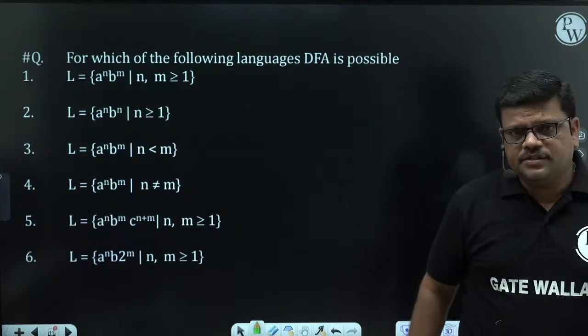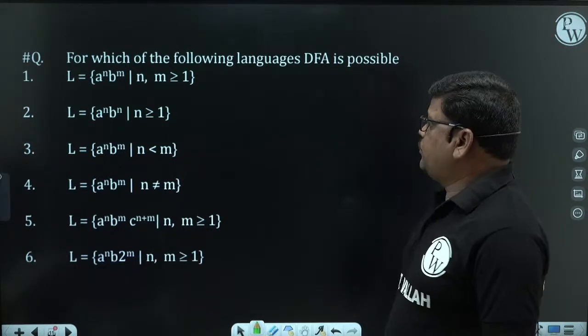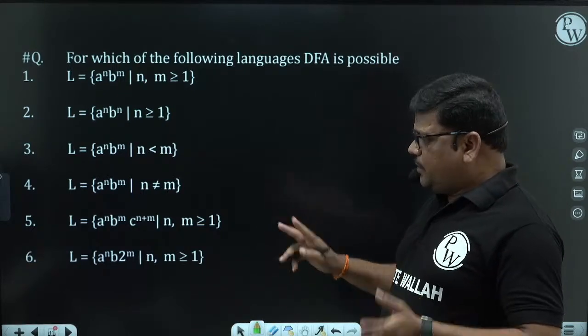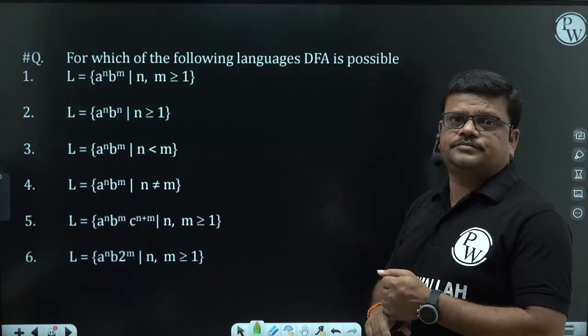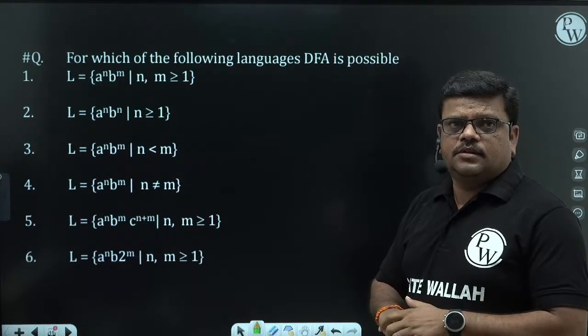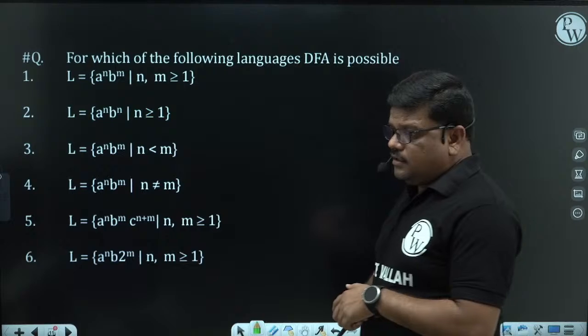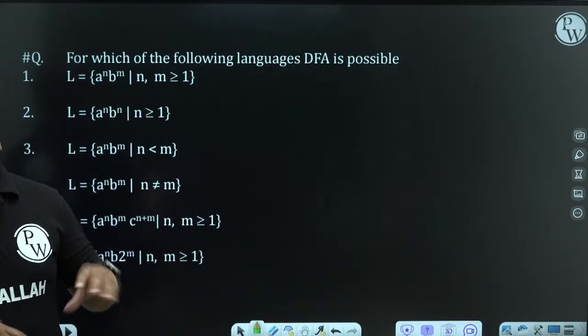There are some languages. For which of the following languages is DFA possible? For some of these DFA is possible, for some of these DFA is not possible. So we need to understand for which type of language DFA is possible, for which type DFA is not possible, because this is the minimum requirement.